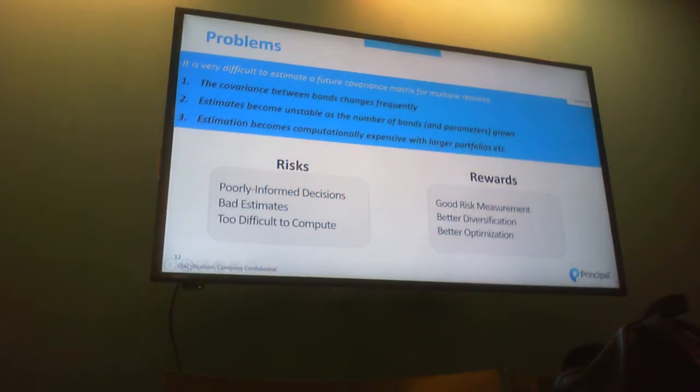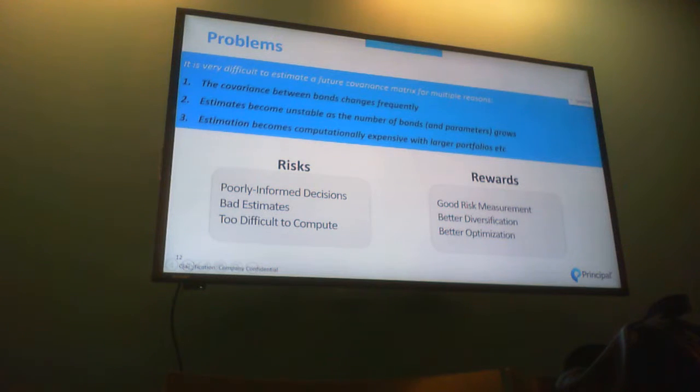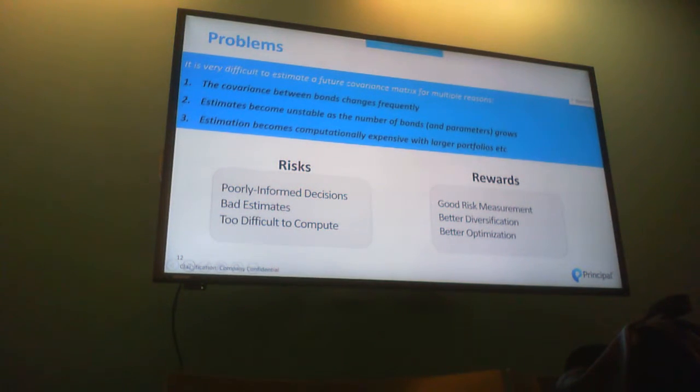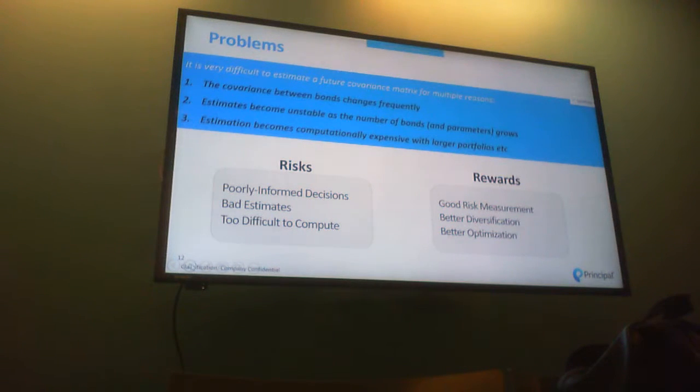Should we also add additional transaction cost in addition to the poorly informed decisions? Oh, yeah, that'd be a good one. If you have a bad covariance matrix that doesn't accurately convey the true co-movements of securities, then you'd be paying transaction costs on top of making poorly informed trades. That's a good one.